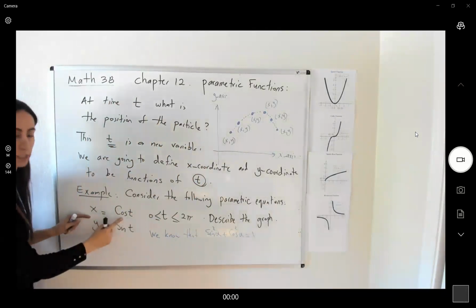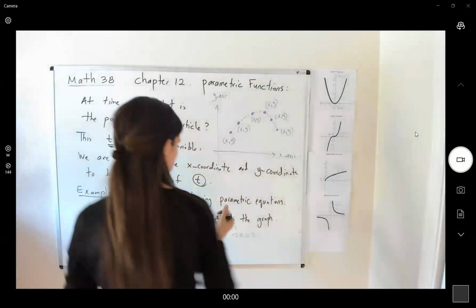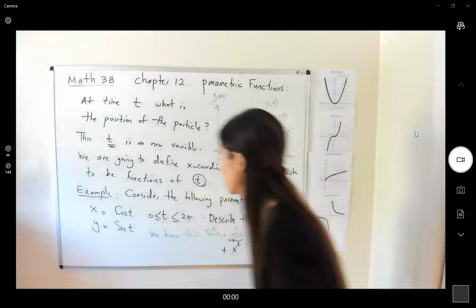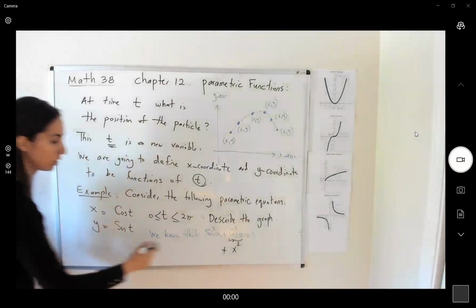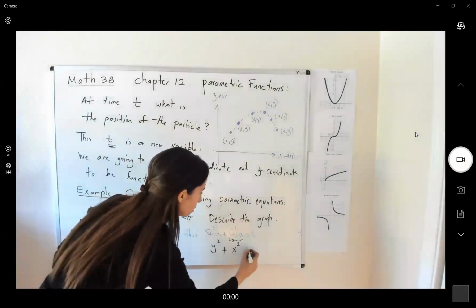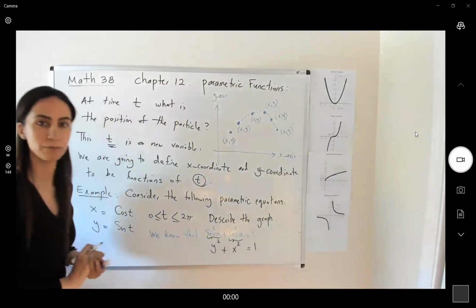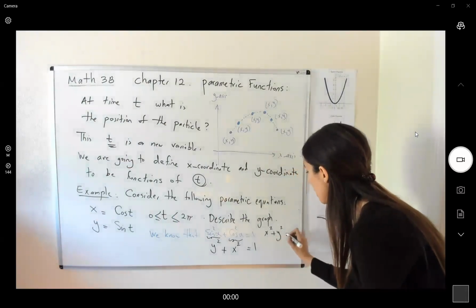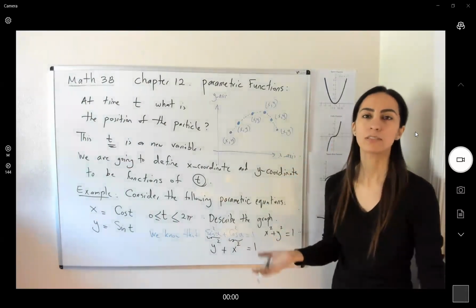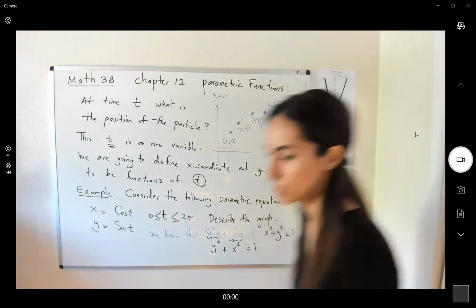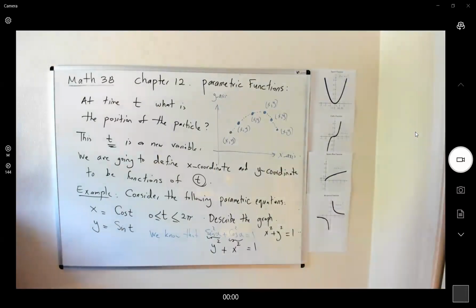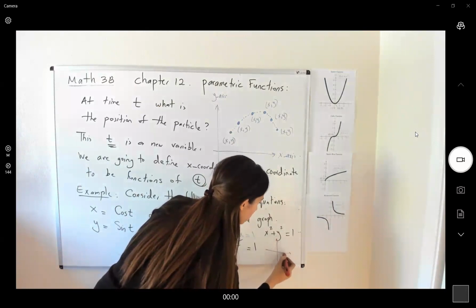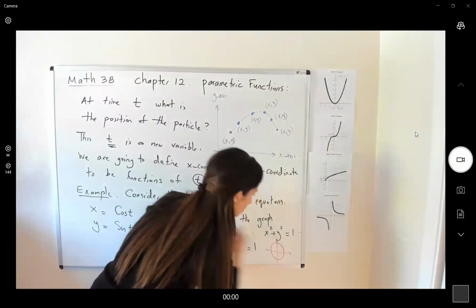So what is my cosine? My cosine is equal to x. So this guy is now x squared plus, what is my sine? Sine is y. I have y squared. This is equal to 1. What is this equation? X squared plus y squared equals 1 is just a unit circle. So this is your graph. The graph of this particle is a unit circle.